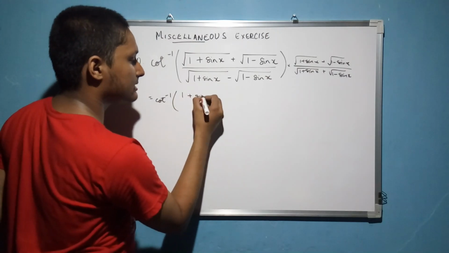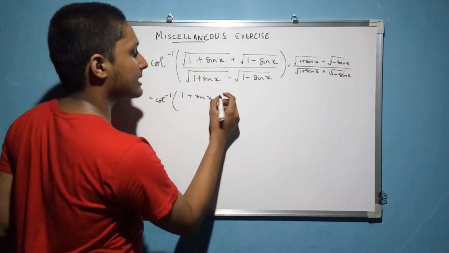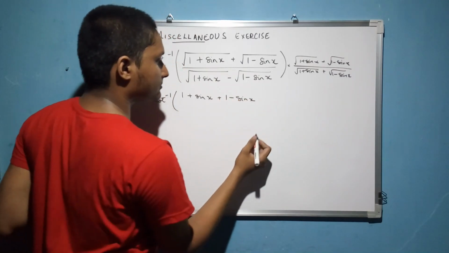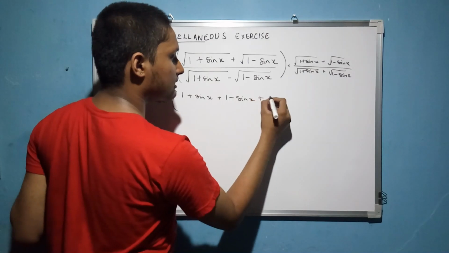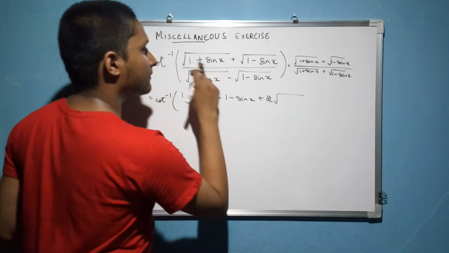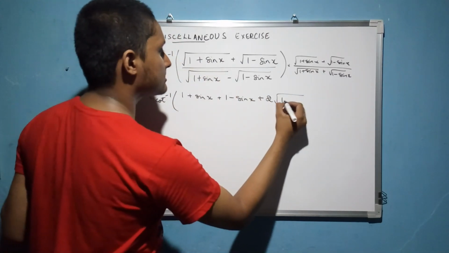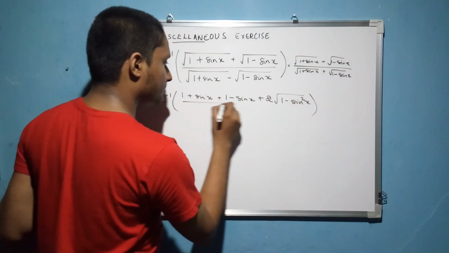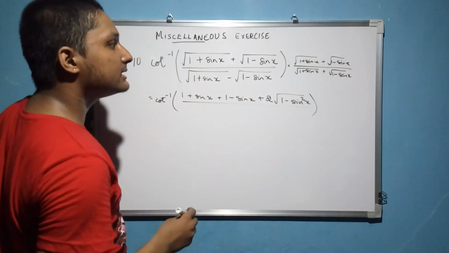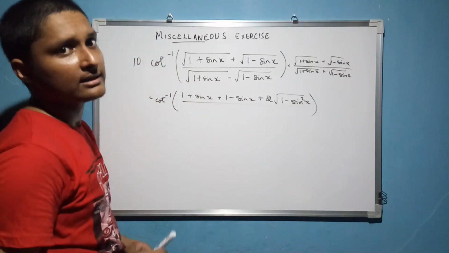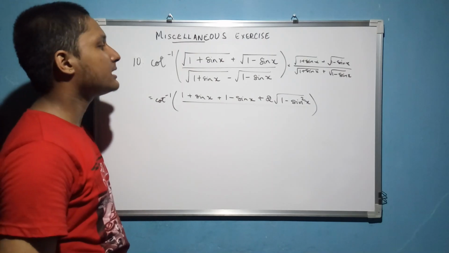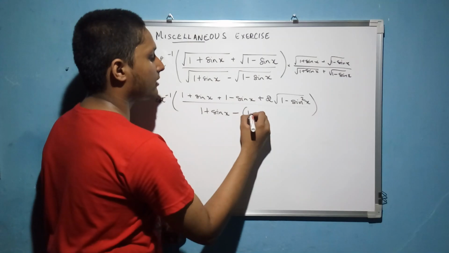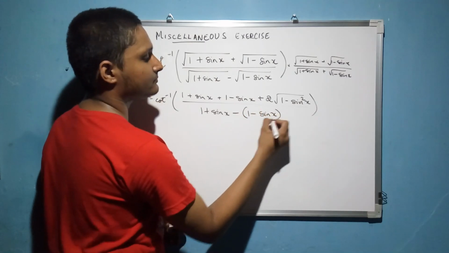That is 1 plus sin x, that is a square, b square is 1 minus sin x, and 2ab is plus 2 into root of (1 plus sin x) into (1 minus sin x), which is 1 minus sin square x, divided by, then you get (a − b) into (a + b), that is a square minus b square form. A square is 1 plus sin x minus (1 minus sin x).